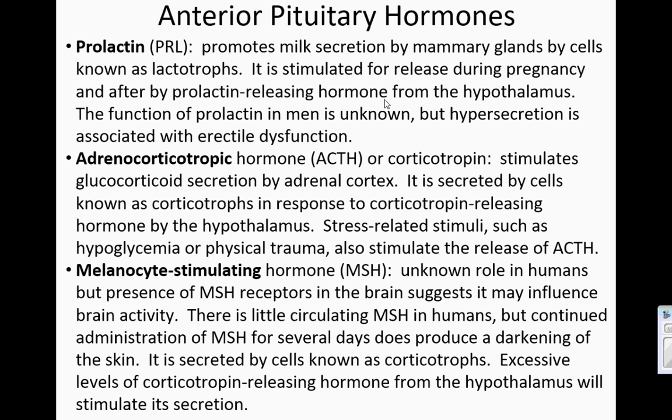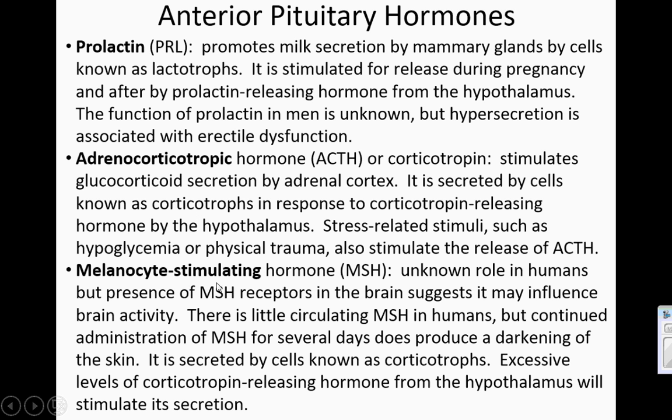Cort is also found in the word glucocorticoids, which are the hormones that are stimulated for secretion by the adrenal cortex in response to the release of ACTH. Okay, the other name for it is corticotropin, released by corticotropes.